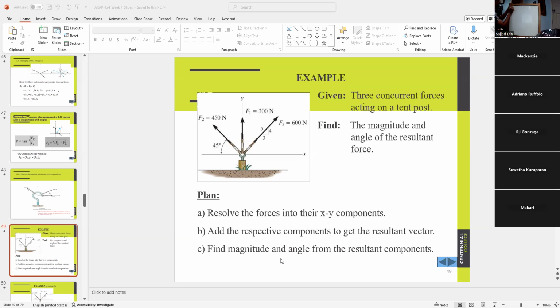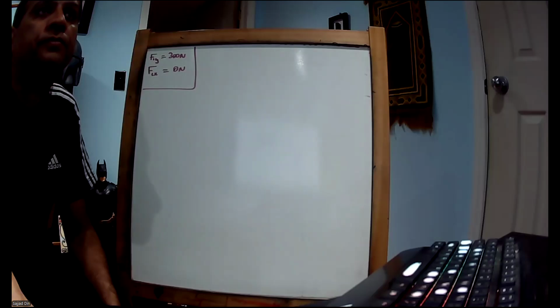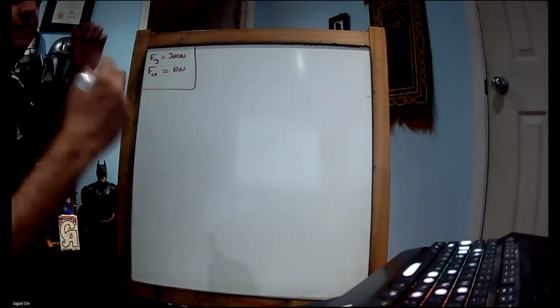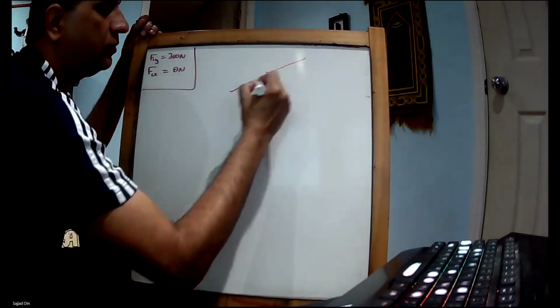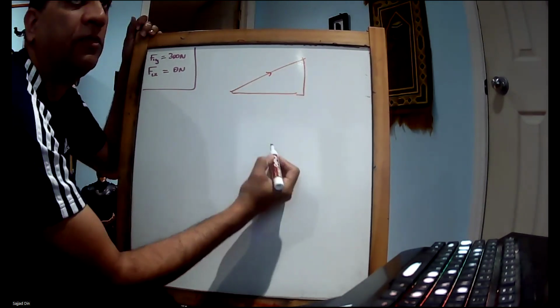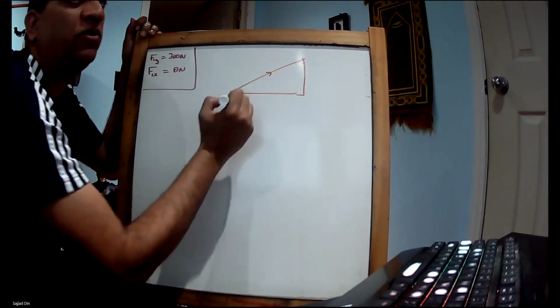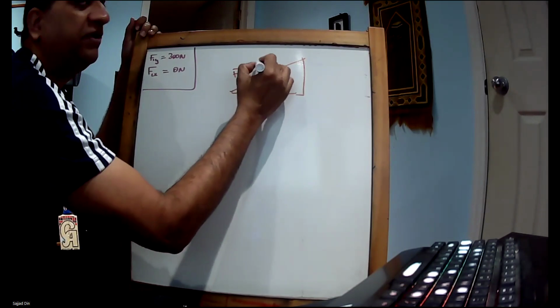So I know F1y is already 300 newtons and F1x is 0 newtons. So that's the first one. Let's work on F2. Actually, I'm working on F3. Sorry about that. I've already started, so I'm going to leave it at F3.